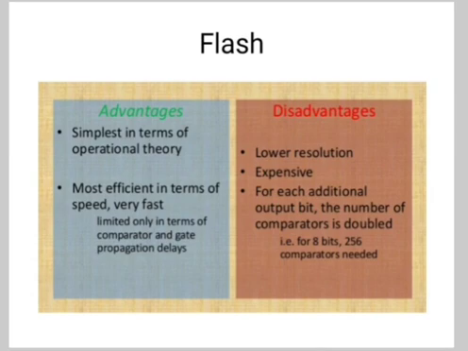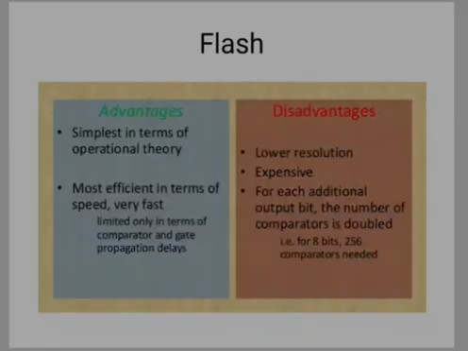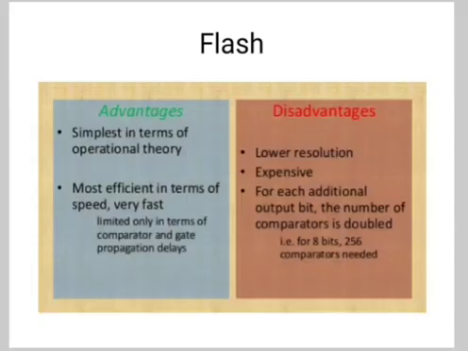So this design includes a resistor ladder for generating reference voltages, comparators to amplify the differences between the input signal and the reference voltage, and an encoder to convert the thermometer code output of the comparators into a binary code.